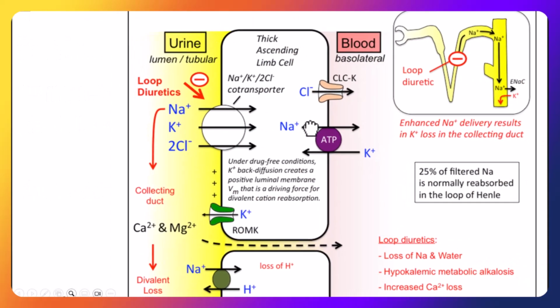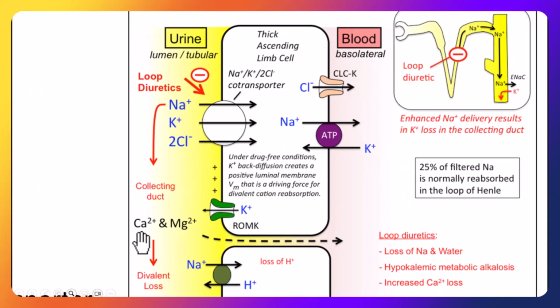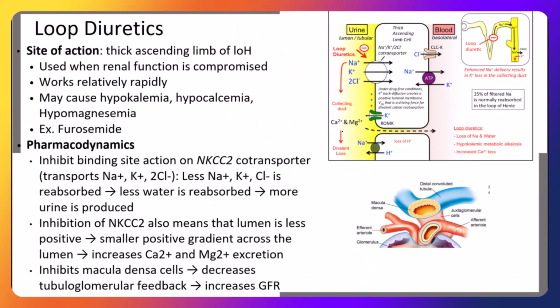What's going to happen is that loop diuretic is going to block this. Now, it's not a true blocking of the receptor like we've talked about. You're not really blocking the main site or an allosteric site in this case, but there's an area that's being blocked that impacts the function of this pump.